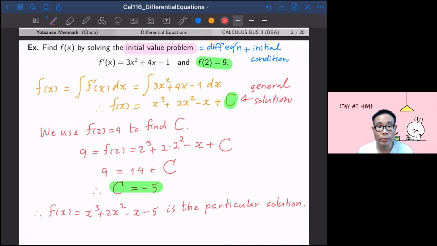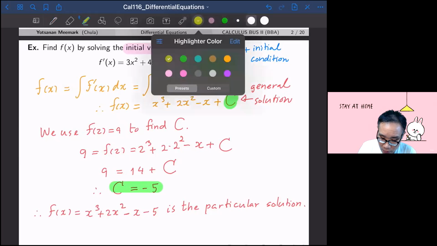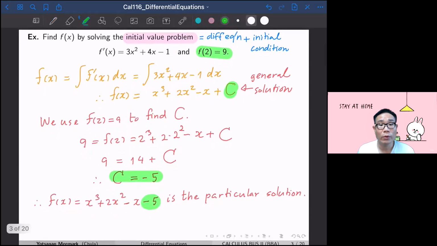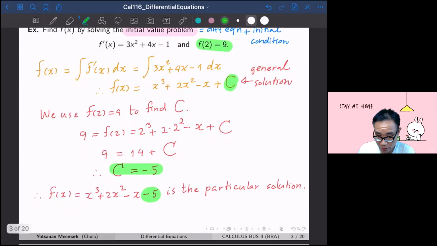So we are able to obtain the solution that satisfies the initial condition f of 2 equal to 9. You plug in to obtain c, and this is your c. This is how we solve the initial value problem in this example.